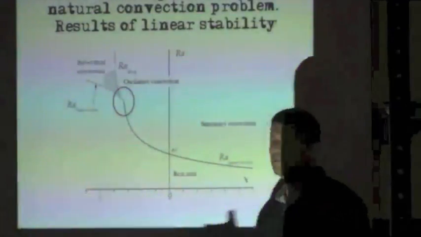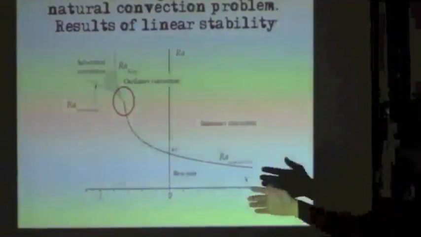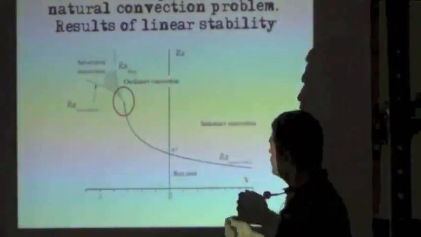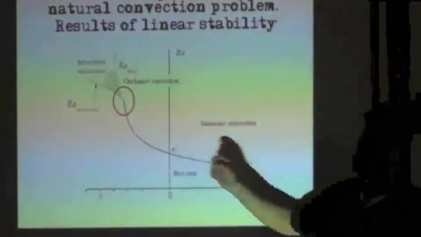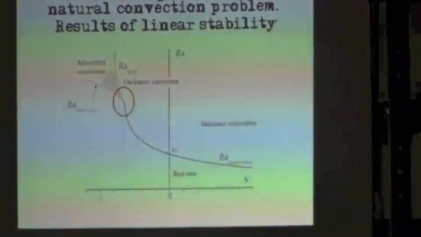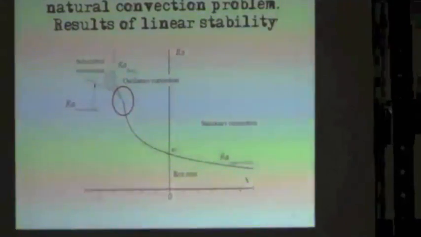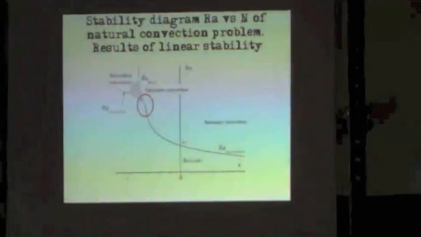But when N is negative, it means that heavy components go to the upper side, so it is not a stable configuration. Here we have the rest state. There is no motion of the fluid. The Rayleigh number is a dimensionless number which explains the amount of energy necessary to make convection.